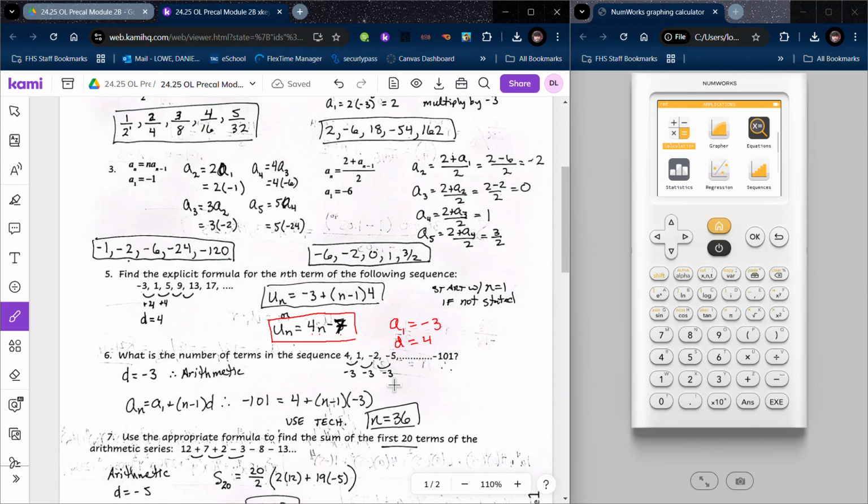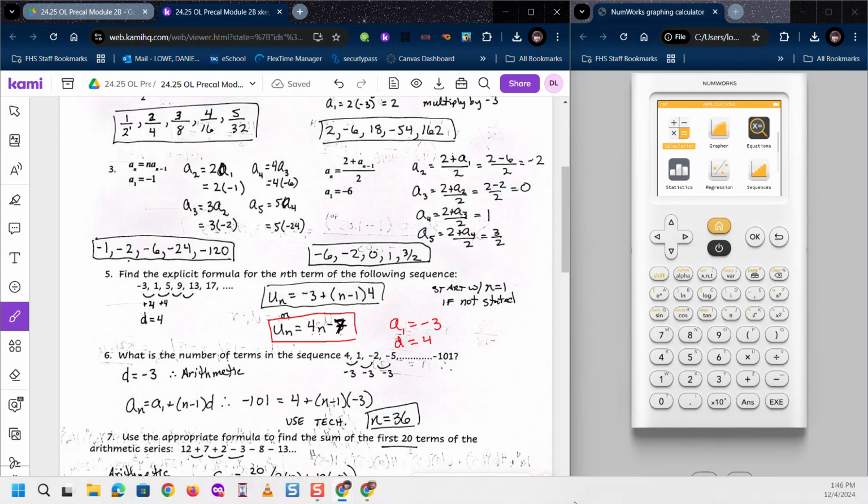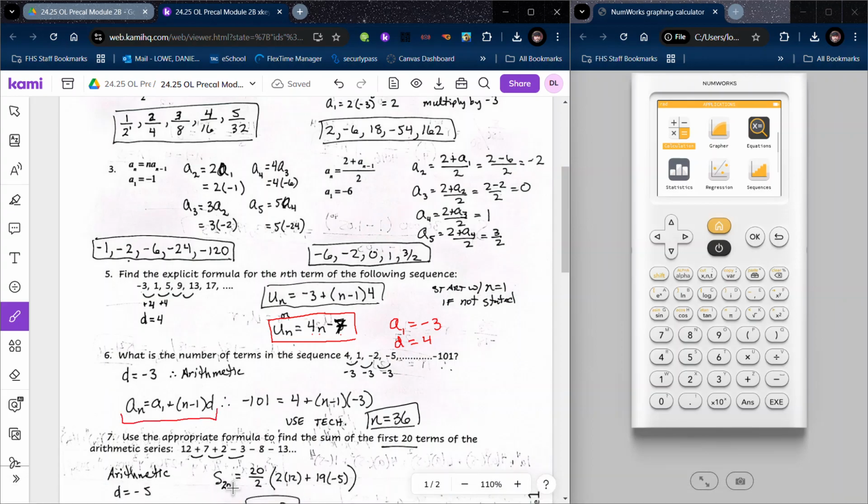How many terms do I have in a sequence? I look and I see that there is a common difference of negative 3, so I have arithmetic with a common difference of negative 3. Once again, I know my formula to find the nth term. So negative 101, the last term, equals the first term plus n minus 1 times my common difference. And I can use technology to solve that.